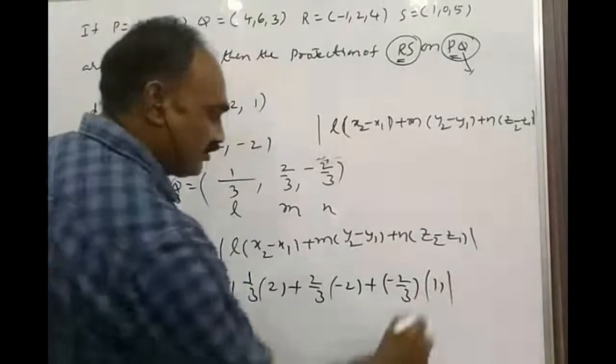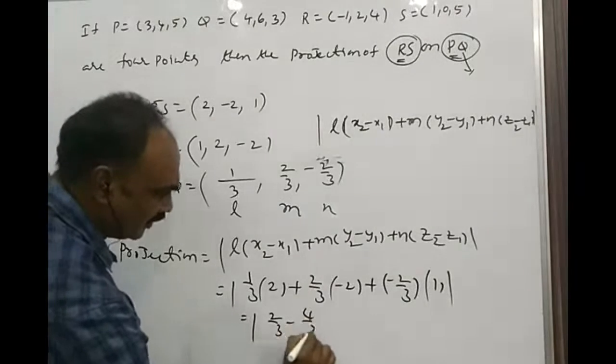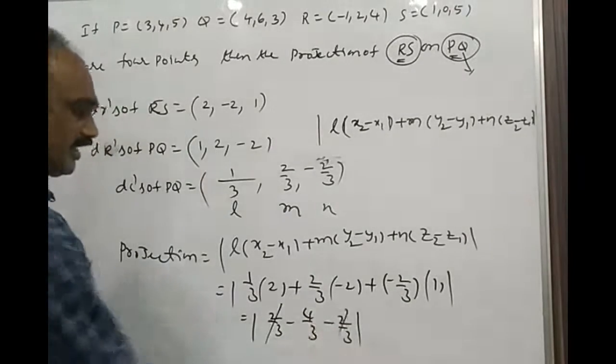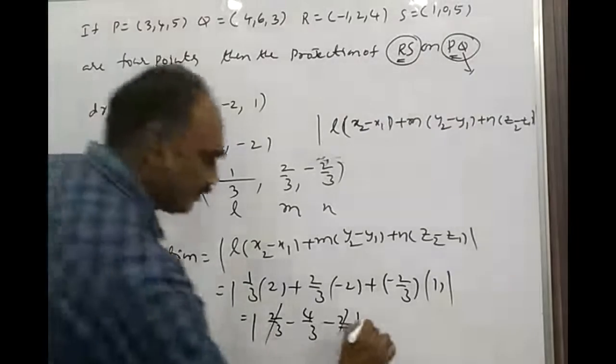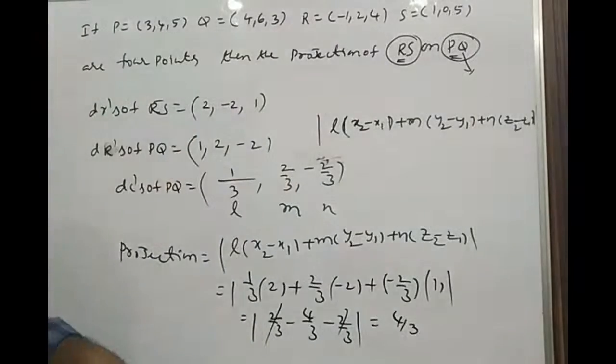Friends, that is 2 by 3 minus 4 by 3 minus 2 by 3. The 2 by 3 and minus 2 by 3 get cancelled. Mod of minus 4 by 3 is plus 4 by 3. Answer: 4 by 3.